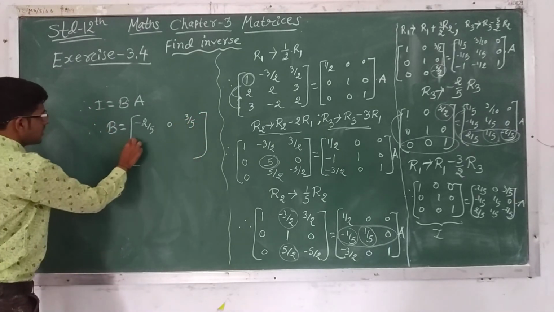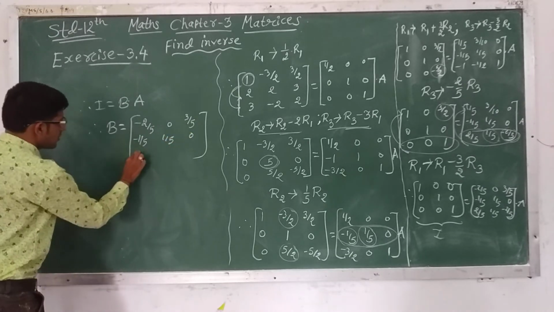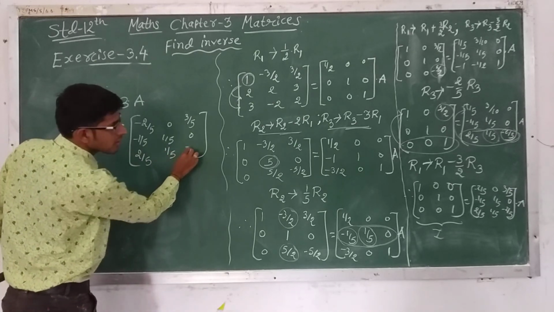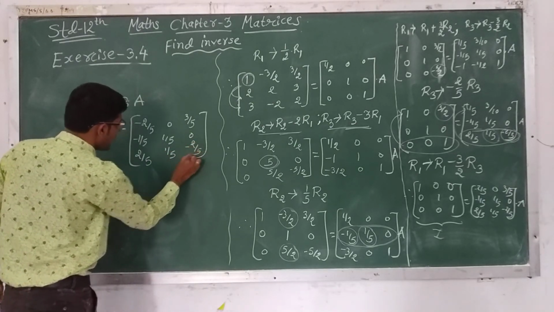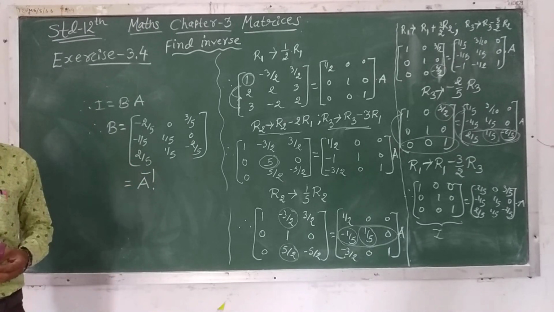Second row is minus 1 by 5, 1 by 5, 0. Third row is 2 by 5, 1 by 5, and minus 2 by 5. This is equal to A inverse. Is it clear?